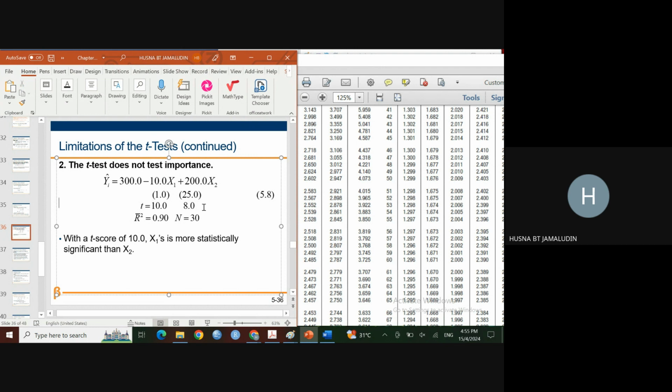You cannot say that x1 is more statistically significant than x2. The result just tells you that these two variables are statistically significant in affecting the changes in y. It doesn't tell you that this variable is more important than the other.